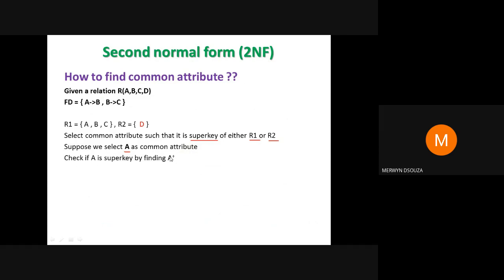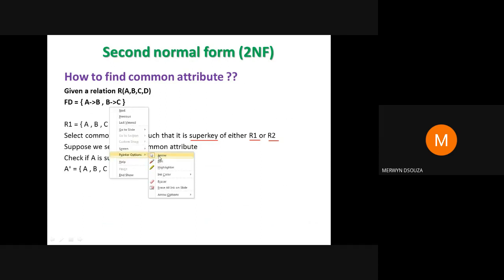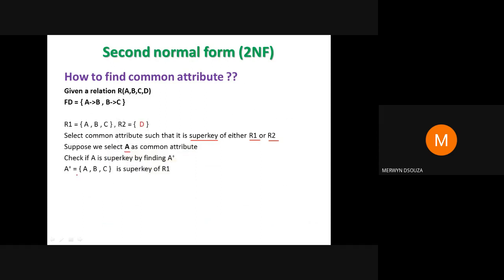When we find the A closure, we find that the attributes of A closure are A, B, and C. So therefore, we can conclude A is the super key of R1.